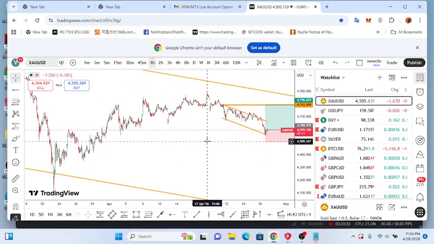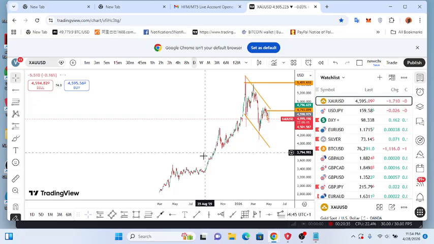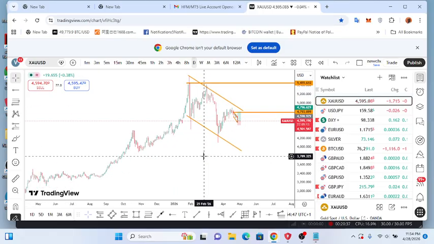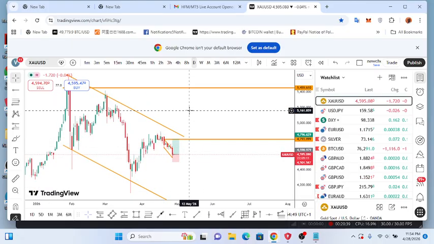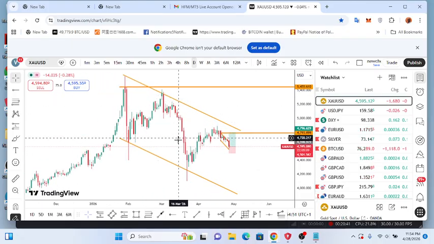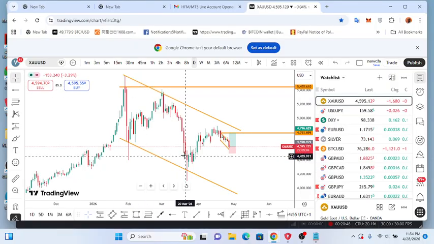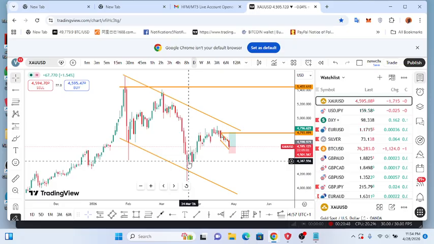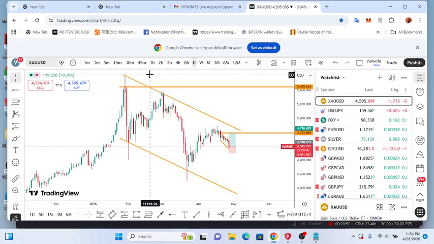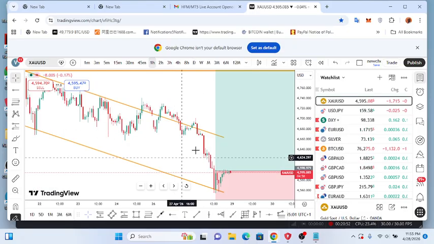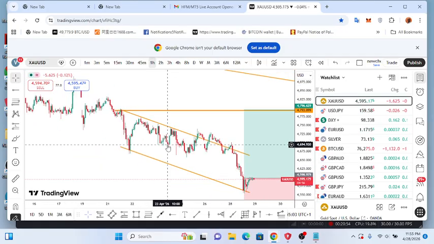Knowing fully well that on the daily time frame, this is take profit, this is the entry point. Even if the 1 hour time frame does otherwise, just wait for another opportunity.